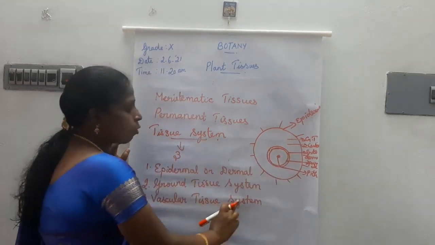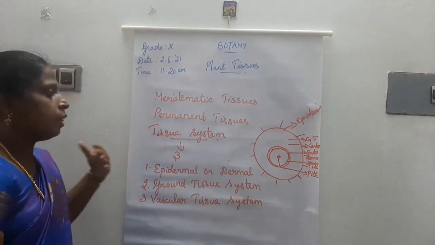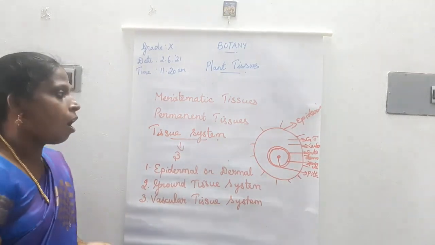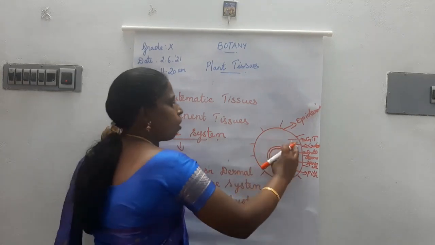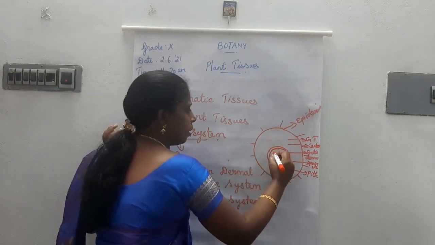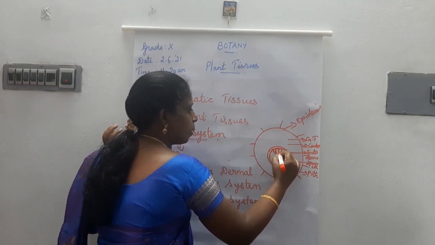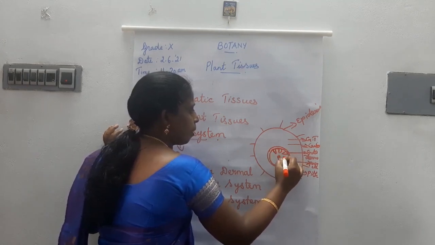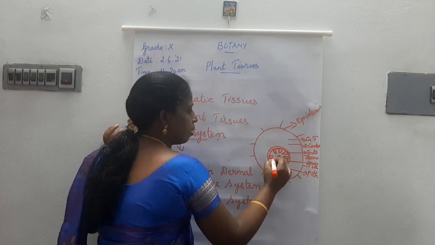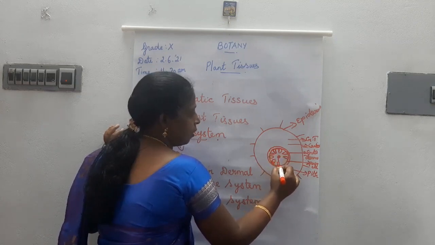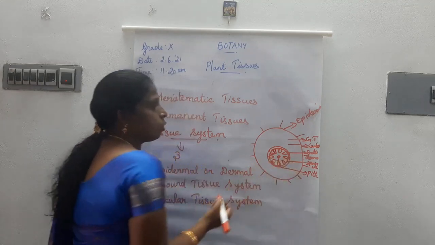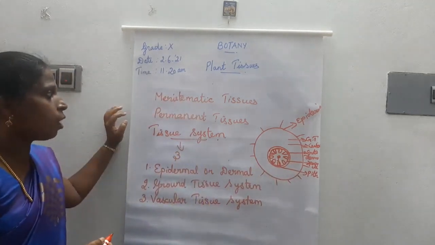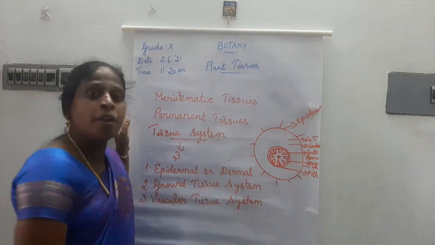Next one is the vascular tissue system. The vascular tissues are present here. What are vascular tissues? Already we learned, the vascular tissues are xylem and phloem.